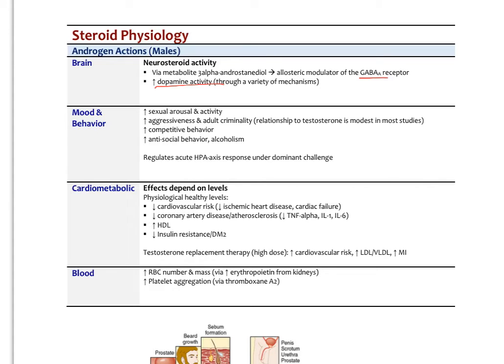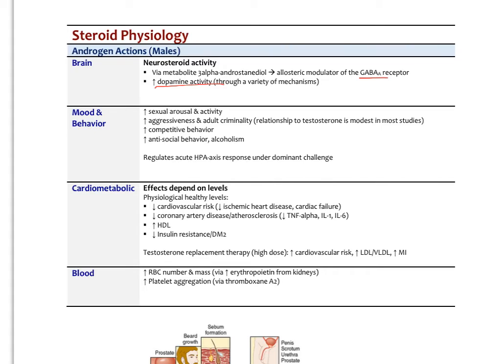We think testosterone increases competitive behavior and potentially antisocial behavior and alcoholism. But there we might think that even low testosterone can cause that because that would deplete dopamine or cause less dopamine around. And so people are doing things like seeking addictive behaviors to increase their dopamine signaling. Testosterone can help downregulate the HPA axis.